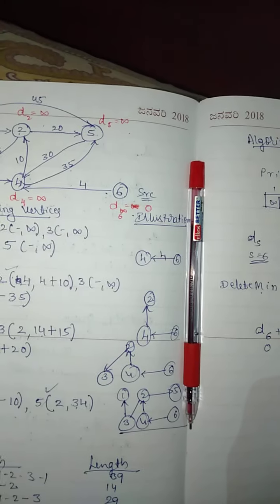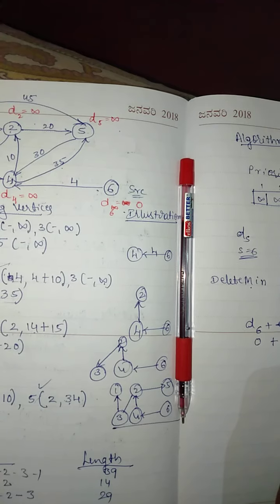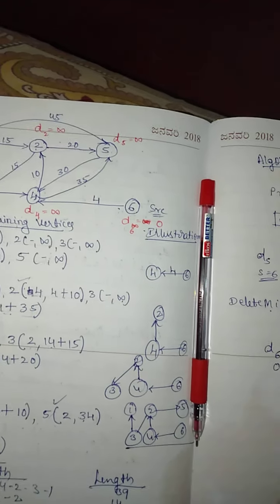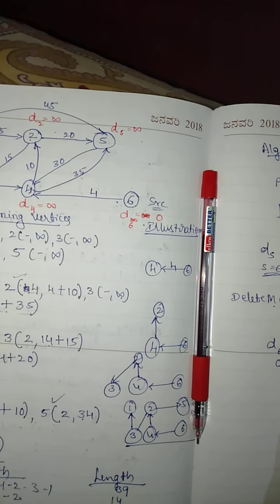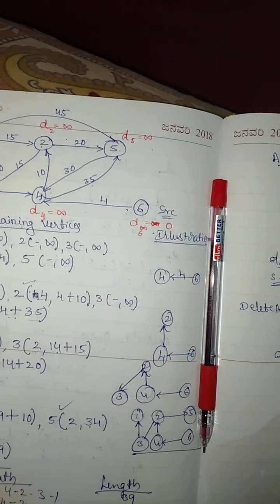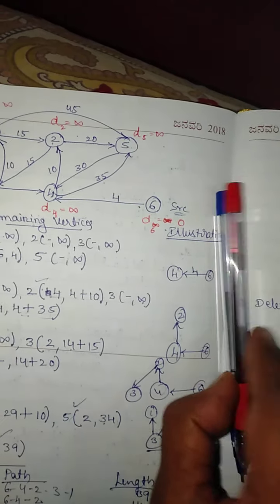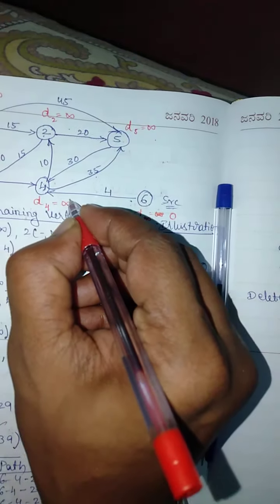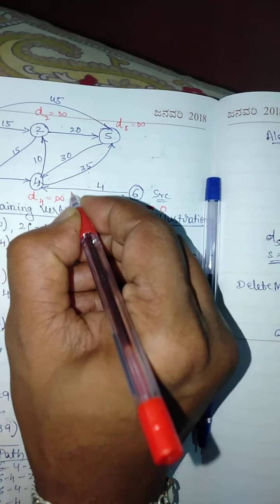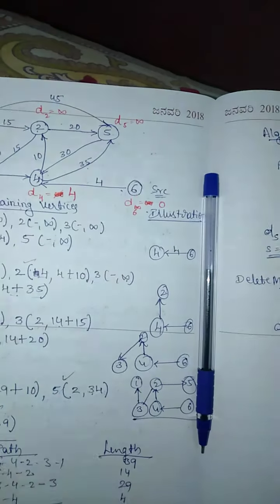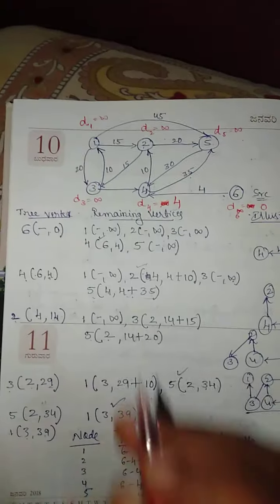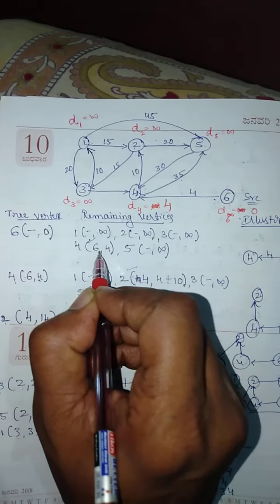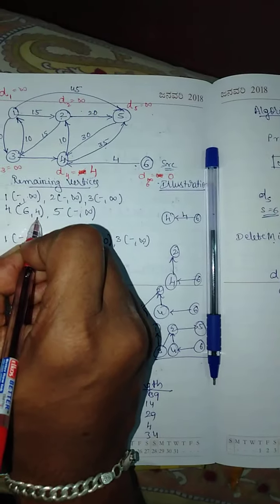Is it less than distance to 4? It is infinity. Yes, of course. Therefore update d4 to the new value, which is 4. Okay, and that is what we are doing here, 4 6 4. Fine.